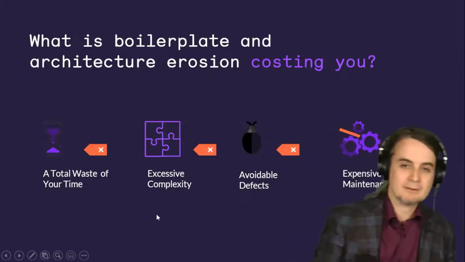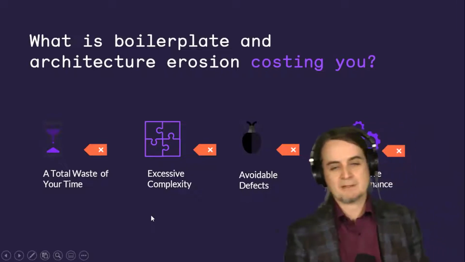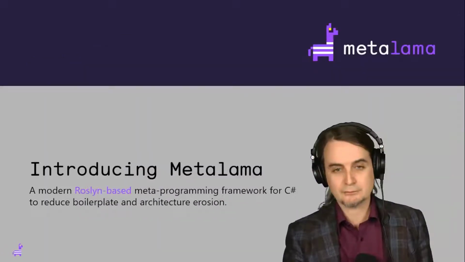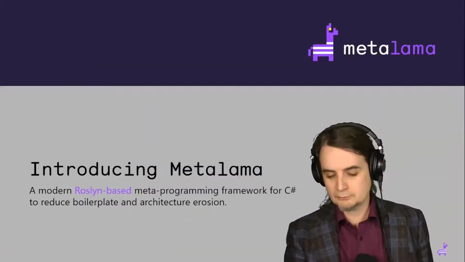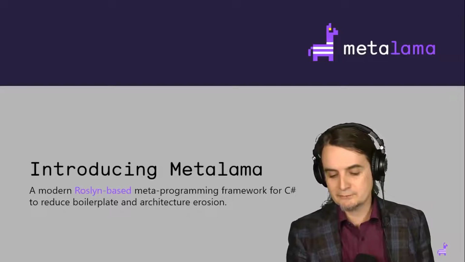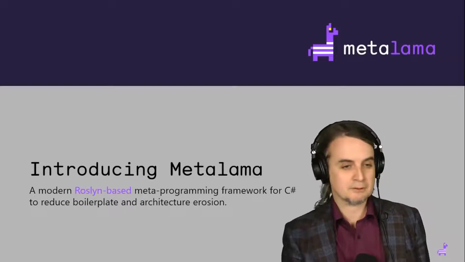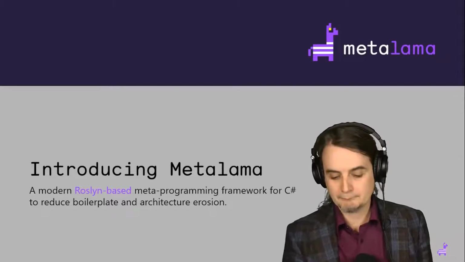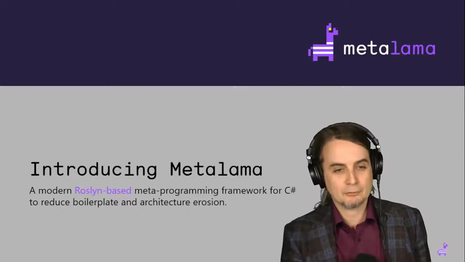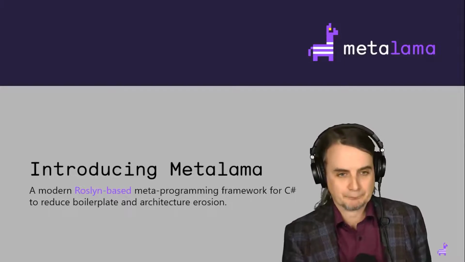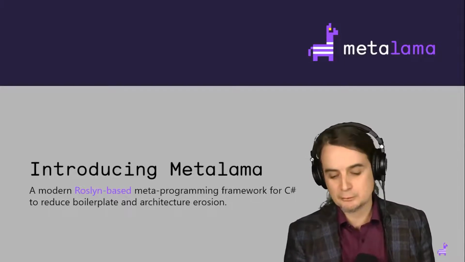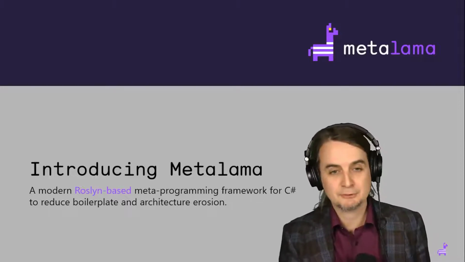And finally, maintenance is expensive, too expensive because of complexity and defects, and your code is unreadable. I will not go very far in this description, because I assume that most of you have experience with or know PostSharp, so the problem is not very different. It's just that the solution that we are bringing with Metalama is much better.